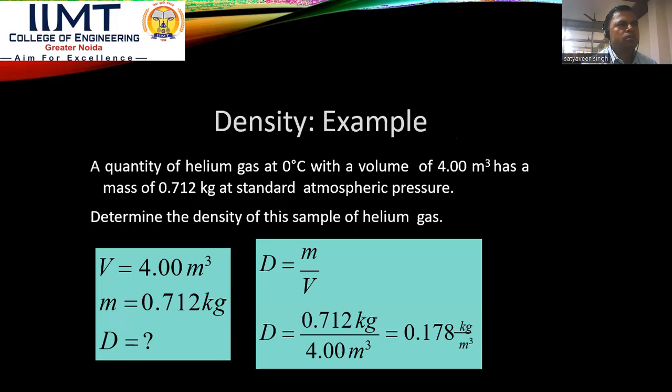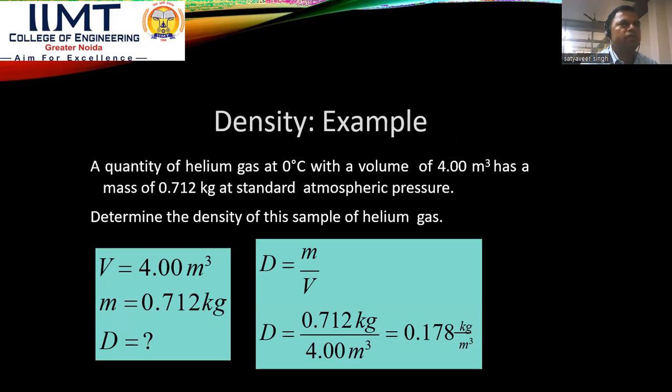Now come to a numerical based on mass density. We have a numerical based on helium gas. A quantity of helium gas at 0 degree centigrade with a volume of 4 meter cube has a mass of 0.712 kilogram at standard atmospheric pressure. We have to determine the density of the sample of helium gas.